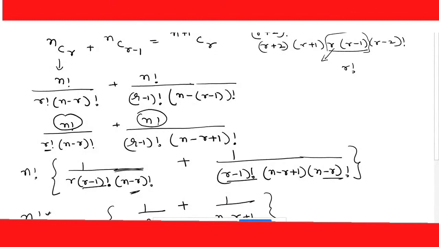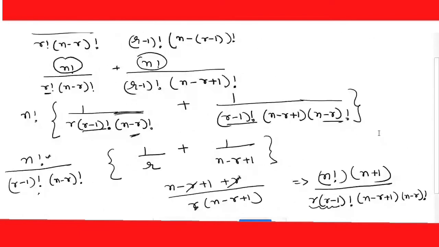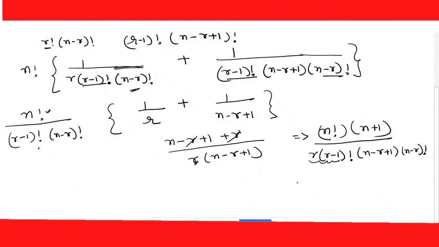We have to take the first one as a factorial. So here also we get n plus 1, then n factorial, and here r minus 1 factorial.